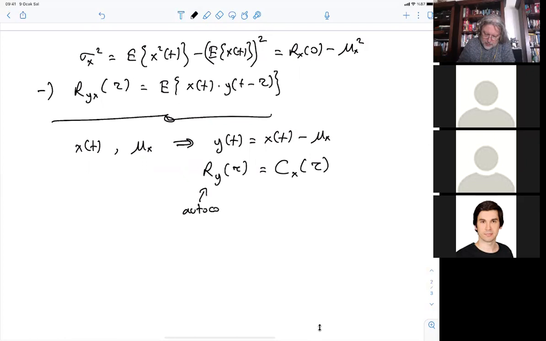So the difference between autocorrelation and autocovariance is that for calculation of autocovariance, you have to remove the mean and make it zero mean. Afterwards, you calculate the autocorrelation, and it becomes the so-called autocovariance, which is usually what we use for our calculation purposes.